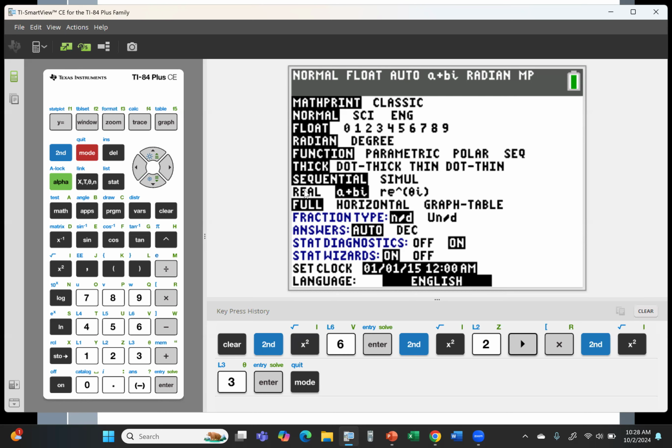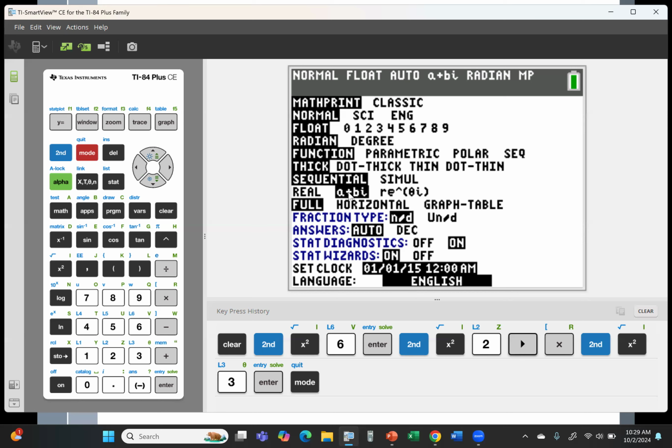I can set my calculator to real numbers, only deal with real numbers, or I can set it to calculate with complex numbers. And that is the a plus bi. A plus bi is a complex number. It's a combination of a real number a and an imaginary number bi. So b times the imaginary unit i.